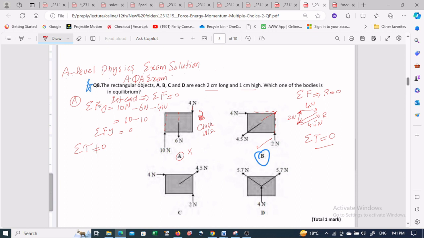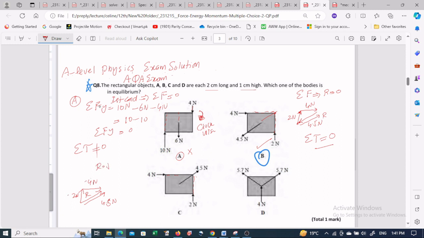Similarly, for option C, we see that all the forces act on the same point, but if we find the resultant, for example, of the 2 Newton force and the 4 Newton force, the resultant is along this direction. Our third force, 4.5 Newton, is also acting along this direction. So R and this 4.5 add.